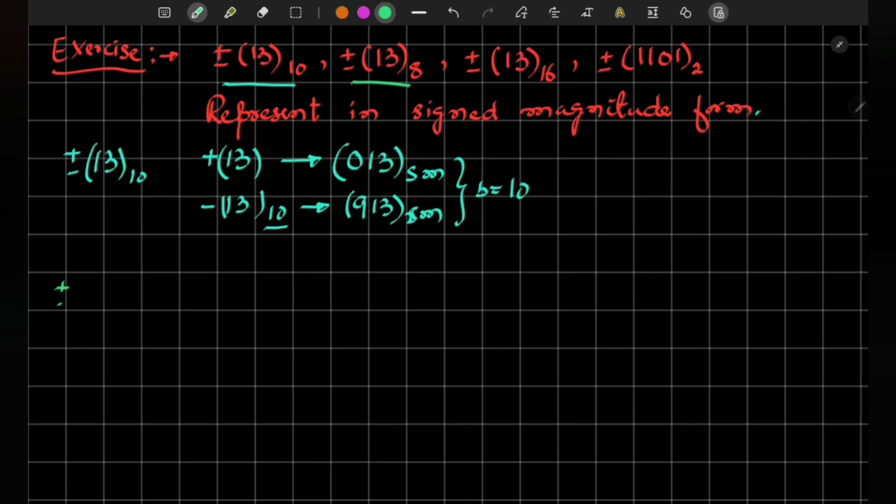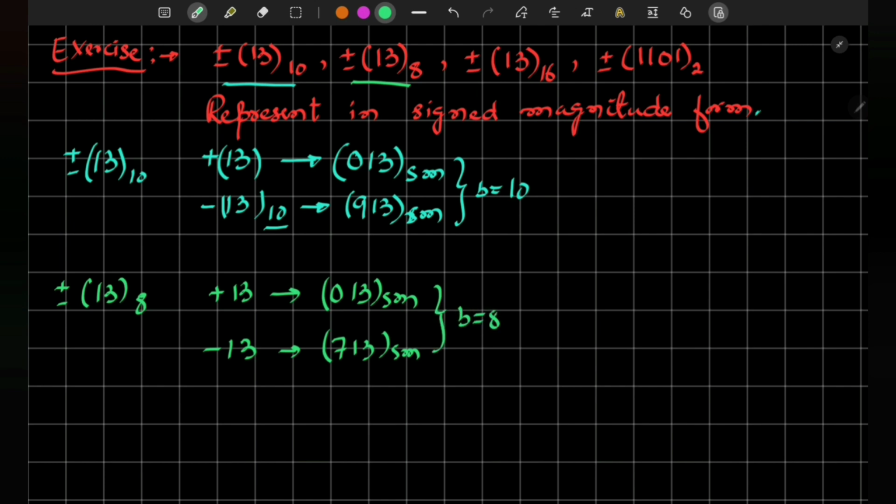Likewise, we can represent plus minus 13 in base 8 as plus 13 as 013 in the signed magnitude form, and minus 13 as 713 in the signed magnitude form when the base is equal to 8. Similarly, we can represent 13 in base 16.